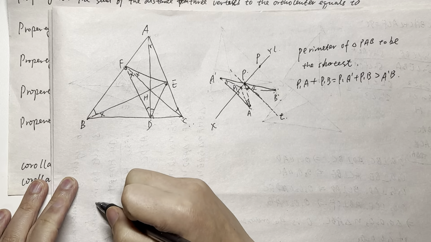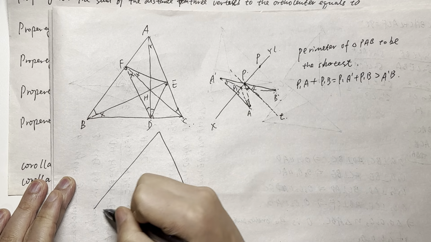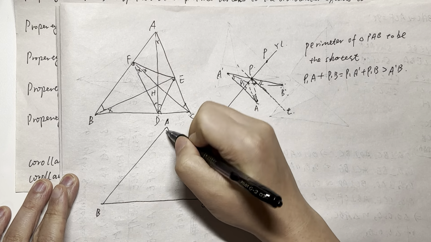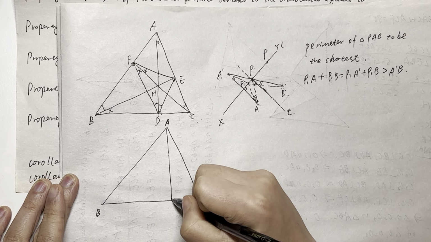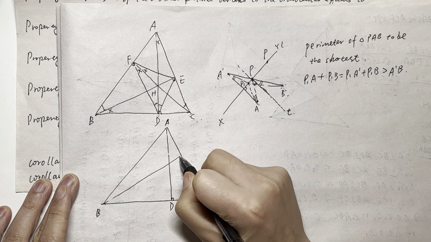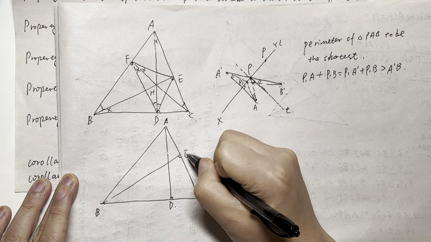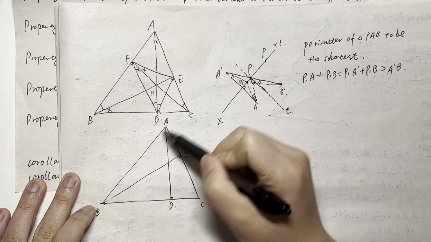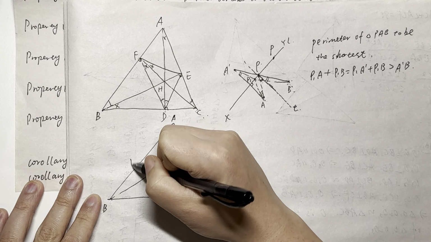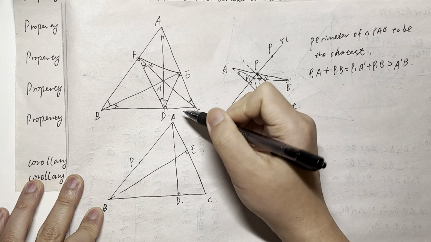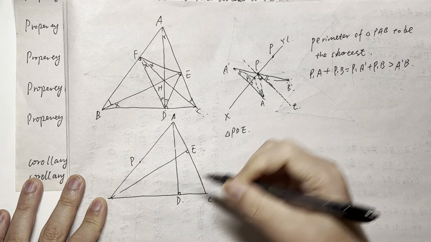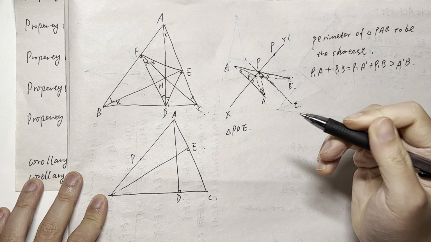That is saying, in the triangle ABC, let's just fix the altitude feet D and E, right? And we are looking for another point, let's call it P, on AB, which can make the triangle PDE have the shortest perimeter, right?